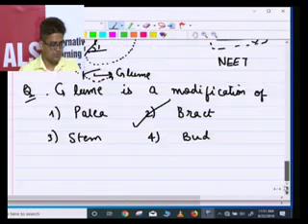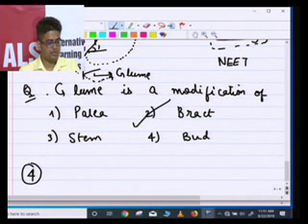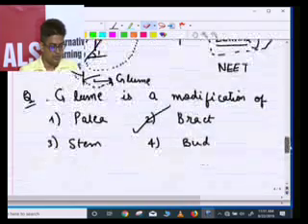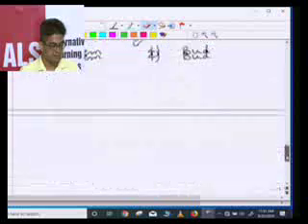Now, the fourth type of inflorescence. Look, there was a modification of a spike inflorescence. Now I am going to give you a modification of simple raceme, simple raceme branching.